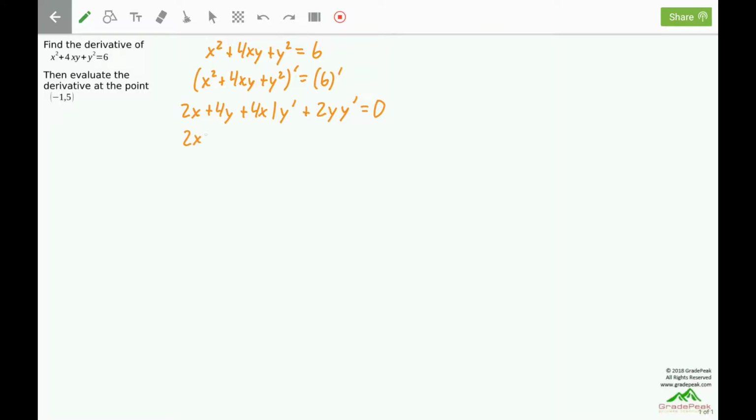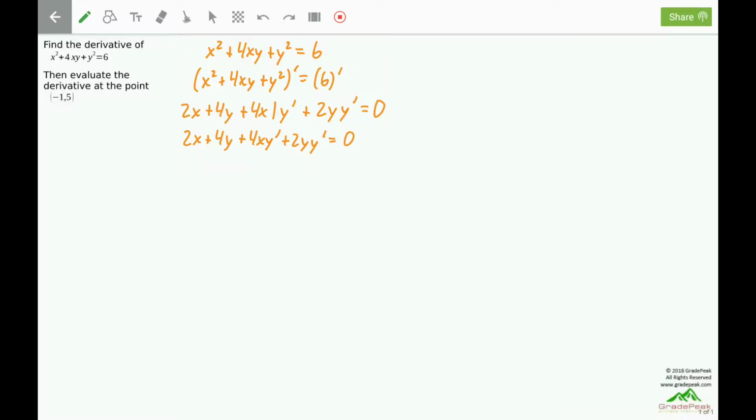So we have 2x plus 4y plus 4x y prime plus 2y y prime equals 0. We want to solve for y prime here. And that's accomplished by isolating the y prime terms.